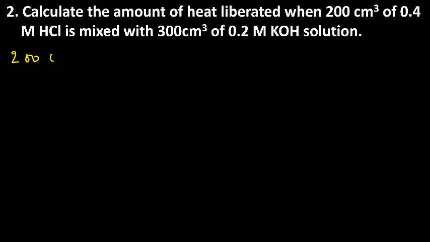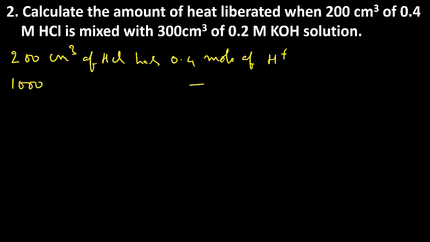So here 200 centimeter cube of HCl has 0.4 mole of H plus. Then 1000 how much? Here because the volumes are different, we have to equate this to 1000. Therefore, this is 200 by 1000 into 0.4.